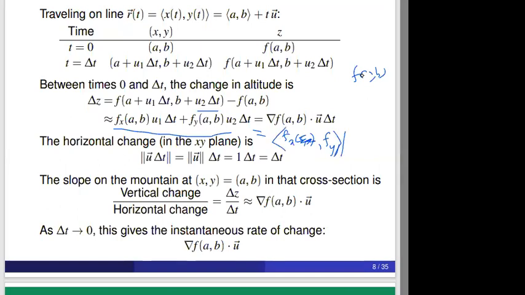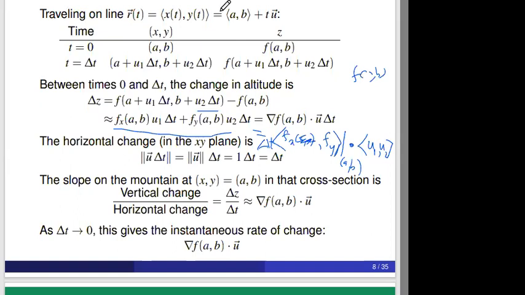So evaluated at (a, b), dotted with vector u, vector (u1, u2), and delta t is a scalar. You can take out delta t, so it's a scalar.